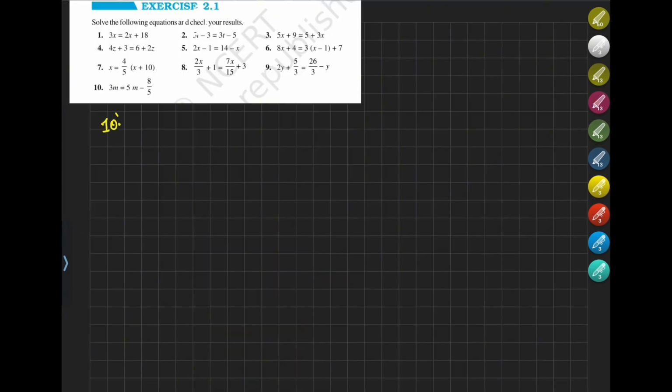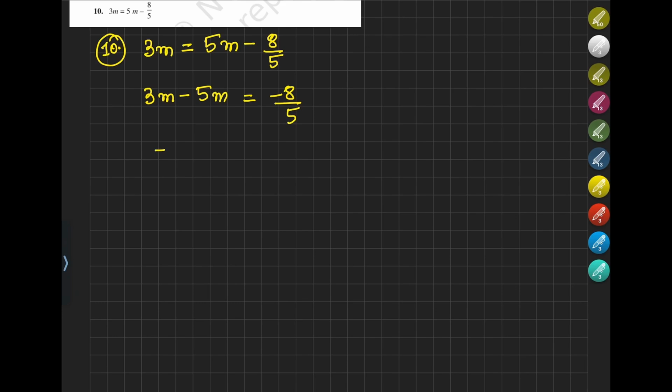Let's do the 10th question of exercise 2.1. So 3m = (5m - 8)/5. 3m - 5m = -8/5. -2m = -8/5.